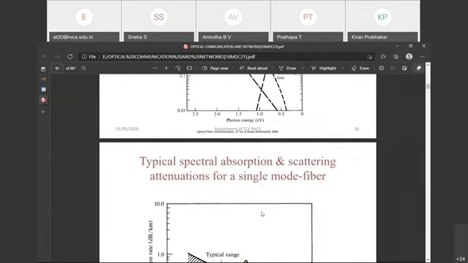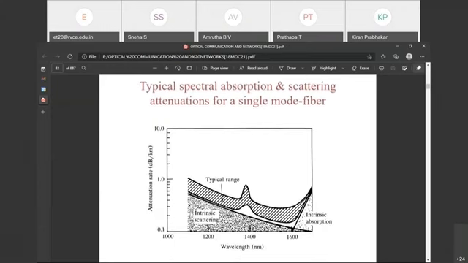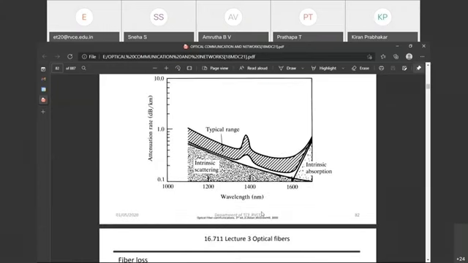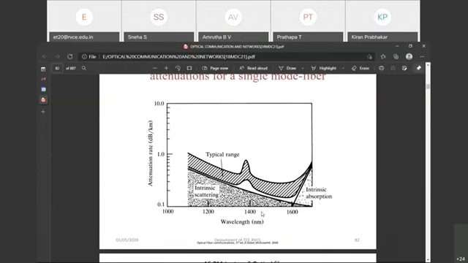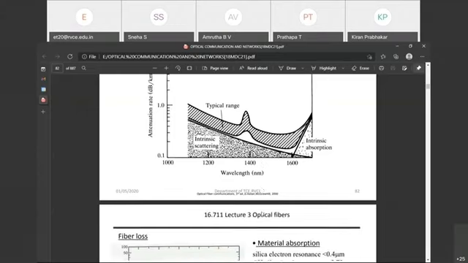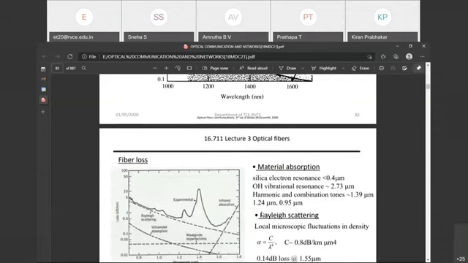Then coming to a typical range, the intrinsic scattering and absorption are given in terms of wavelength. Here, with respect to wavelength only, the scattering and the absorption both have been shown. You can see that the intrinsic absorption, so the attenuation, will keep on increasing, while the Rayleigh scattering will be reducing with respect to wavelength, and thus in terms of frequency.